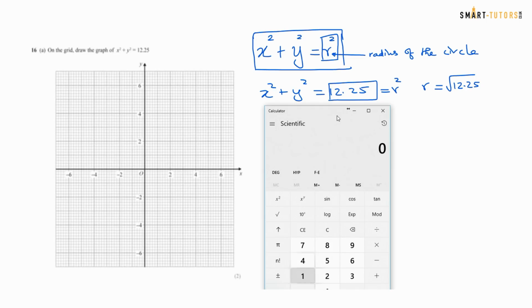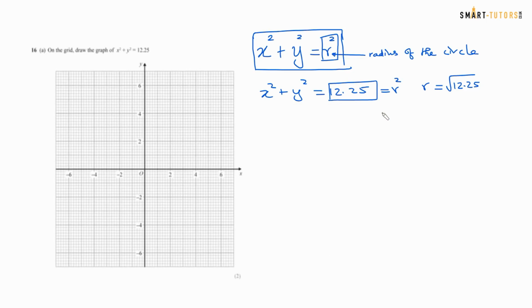This is not a scientific calculator, I mean like the calculator you use. The square root of 12.25 is 3.5. So the answer I got for the radius is 3.5. So x squared plus y squared equals 3.5 squared.